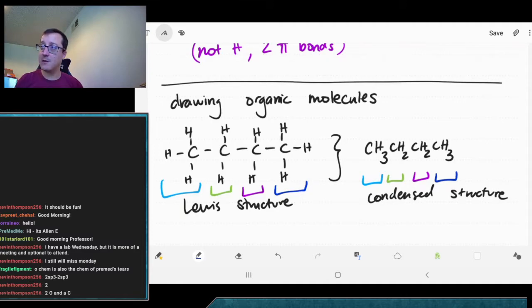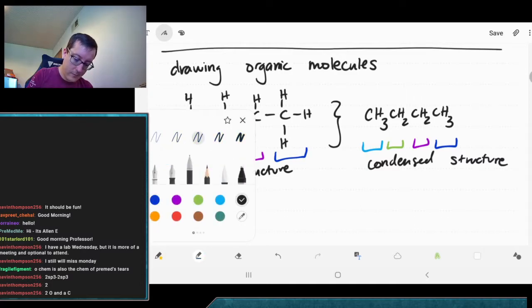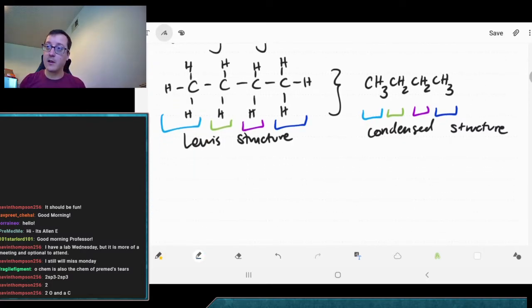We're going to see, however, that doing these condensed structures is still somewhat of a pain. And so really, we're going to end up most often just drawing this molecule like this. And what the heck?